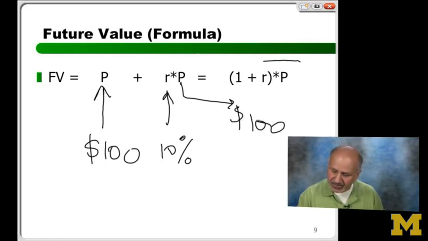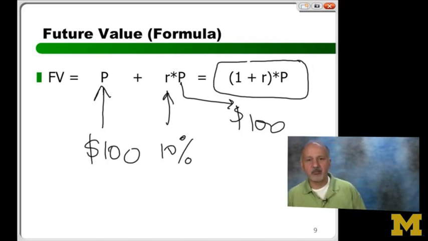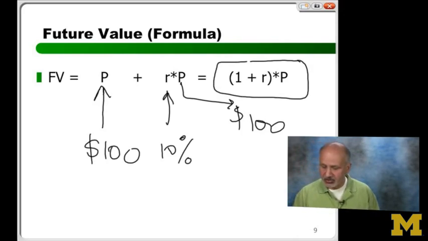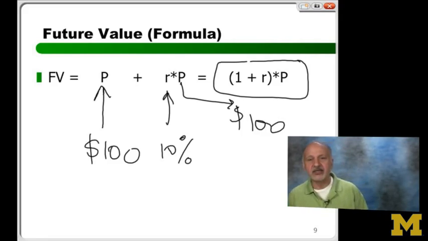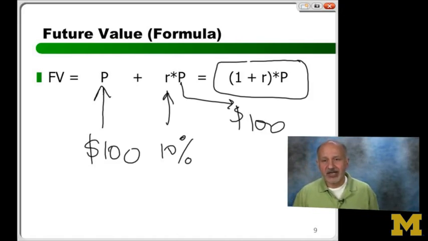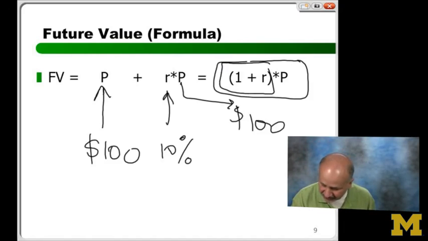But the way we write it, which is very straightforward, is we take P out of the picture. P is common to the first term, therefore the 1, and RP, R times P. What you have put in the brackets is many times called the future value factor. It's a factor because of what this 1 plus R reflects.